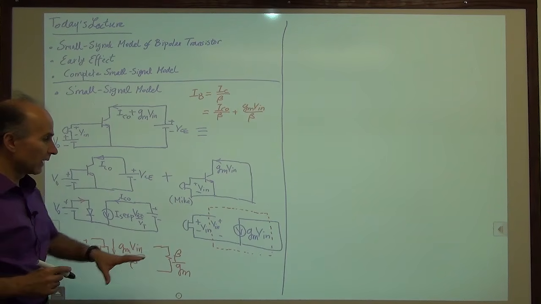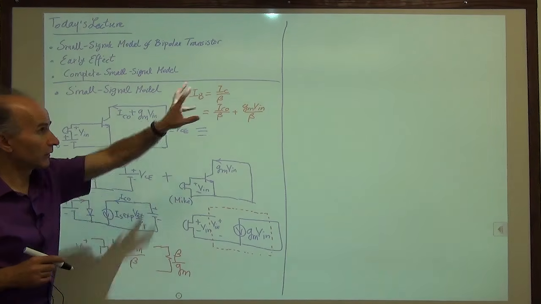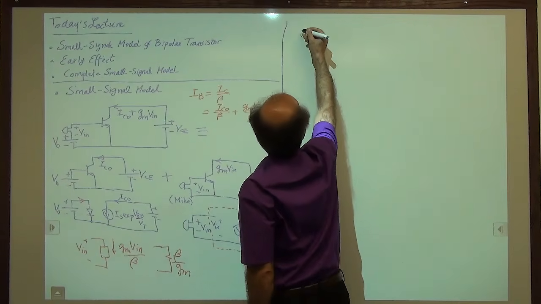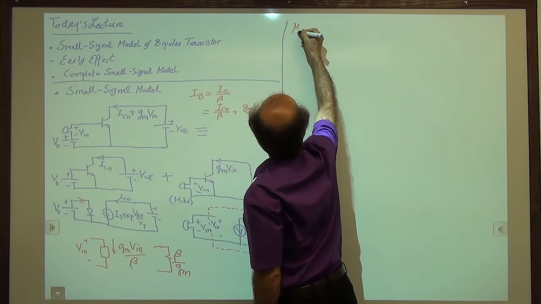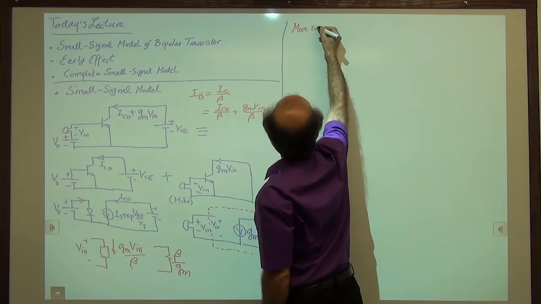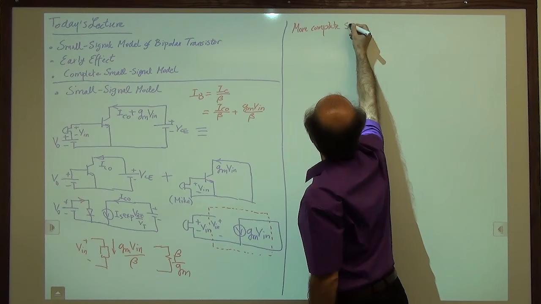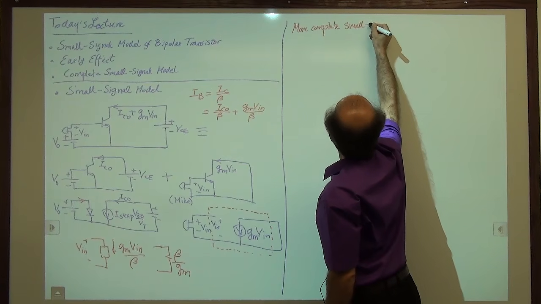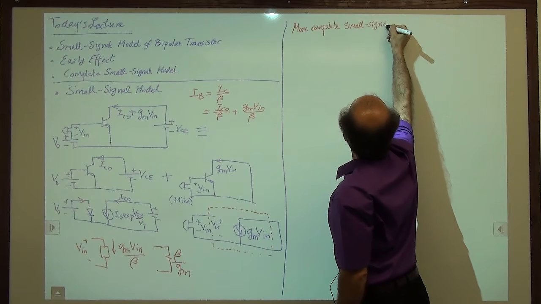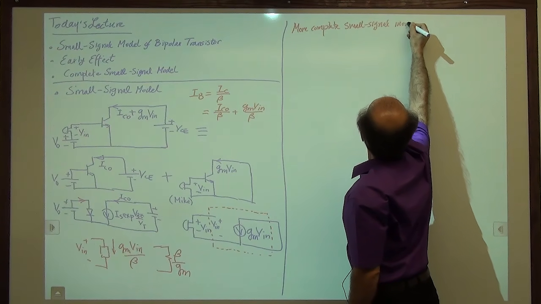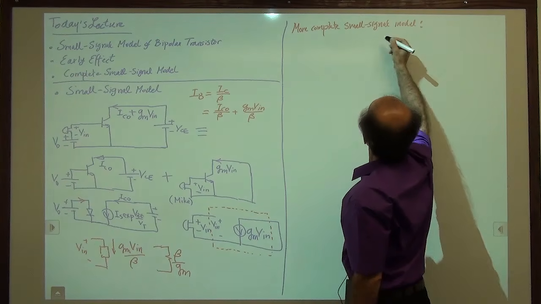Okay, so let's carry everything we have learned here to the other side of the board. So we write this as a more complete small signal model. And this is what we observe.